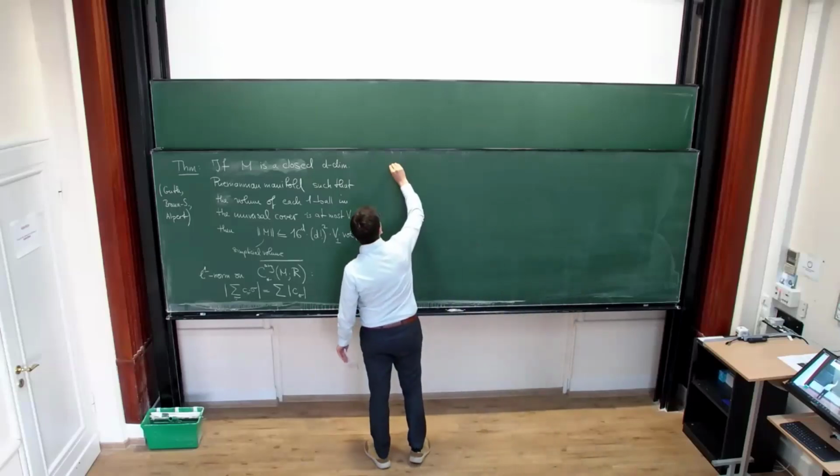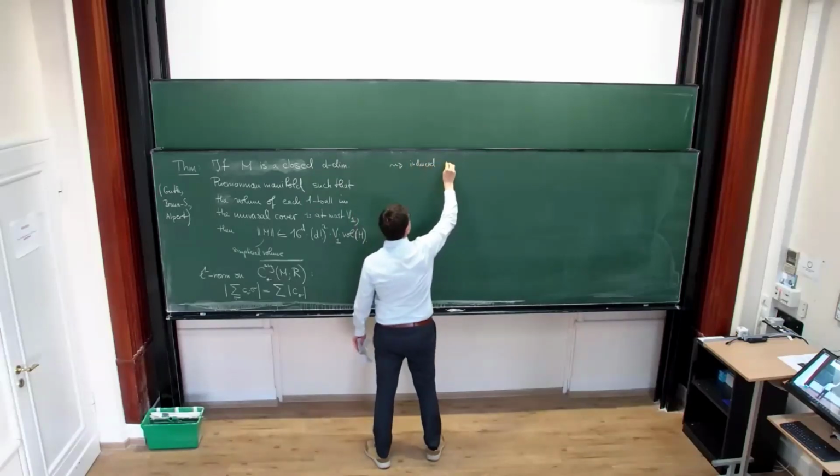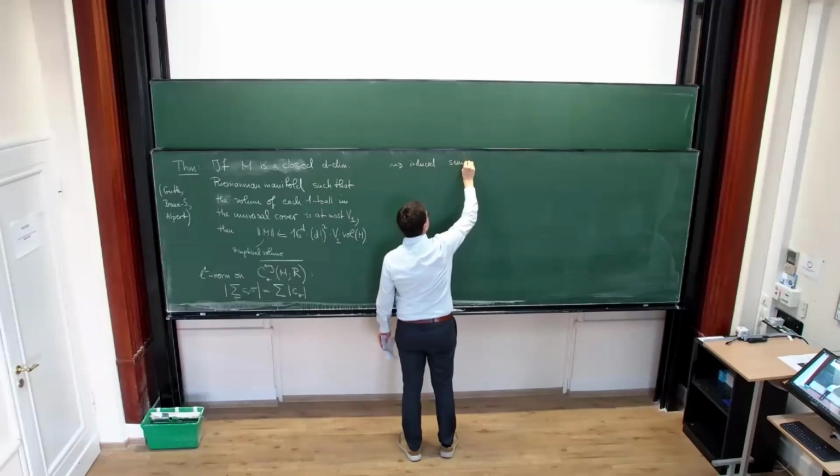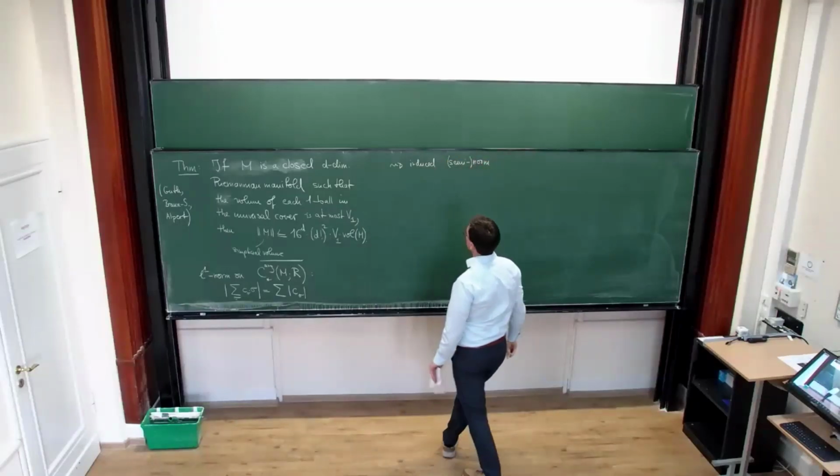So induced norm, but it could be a semi-norm. So it could be that you have norm 0, because you take an infimum, although the class is not 0.